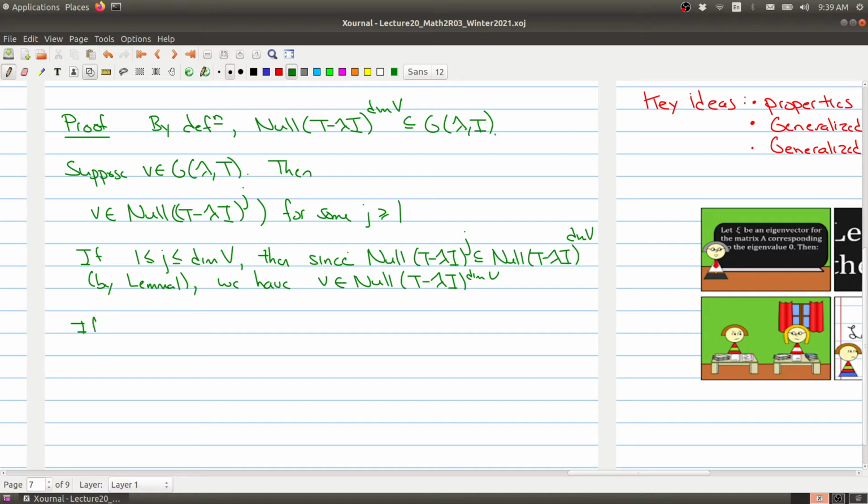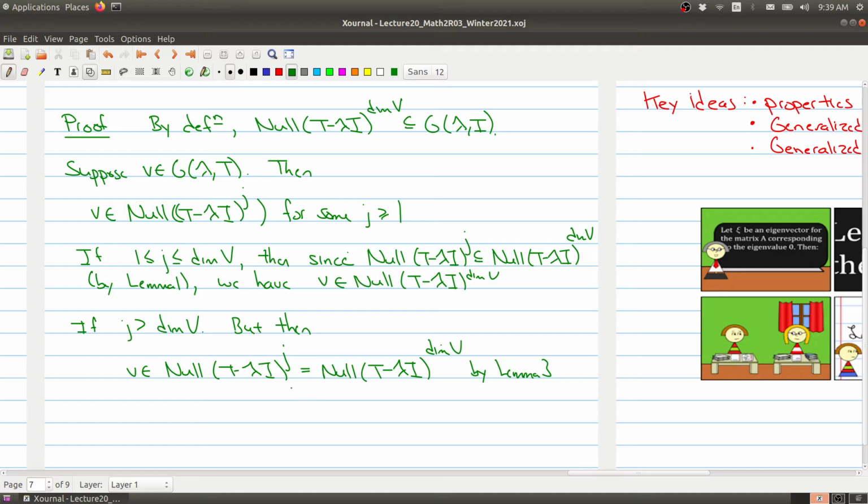On the other hand, let's say that j is strictly bigger than the dimension of V, right? We don't know anything about this j. It could be bigger than the dimension of V. But then v, which is in the null space of (T minus lambda I) to the j, also has to be in the null space of (T minus lambda I) to the dimension of V by lemma 3.